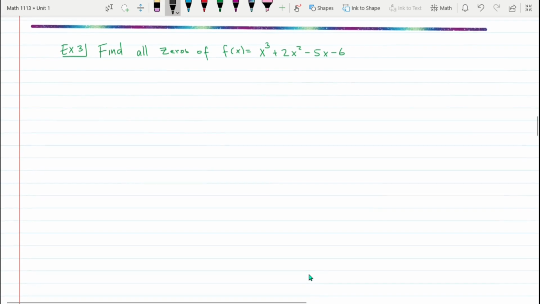Next, this is a more hands-on problem. We're trying to find all of the zeros of the polynomial f of x equals x cubed plus 2x squared minus 5x minus 6.